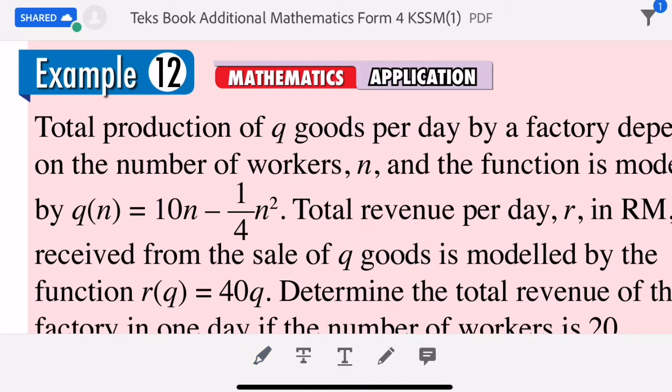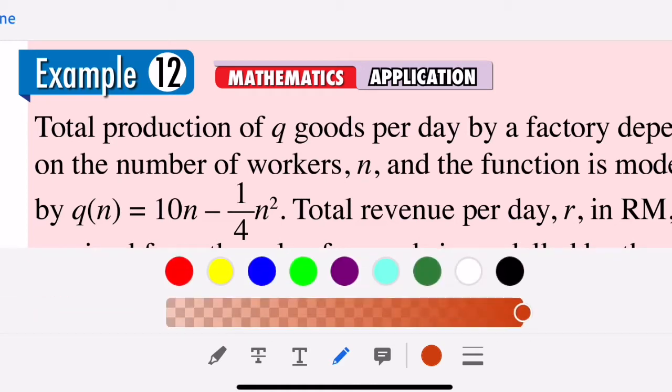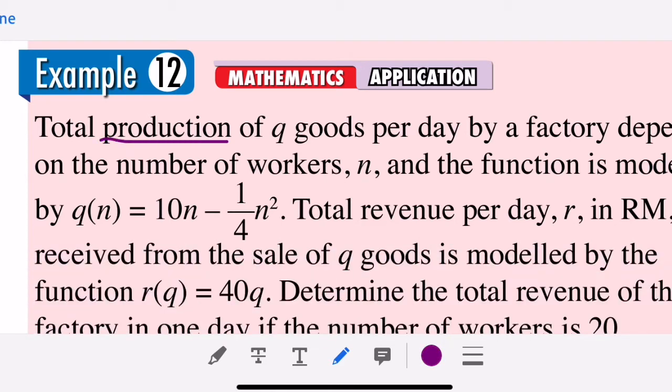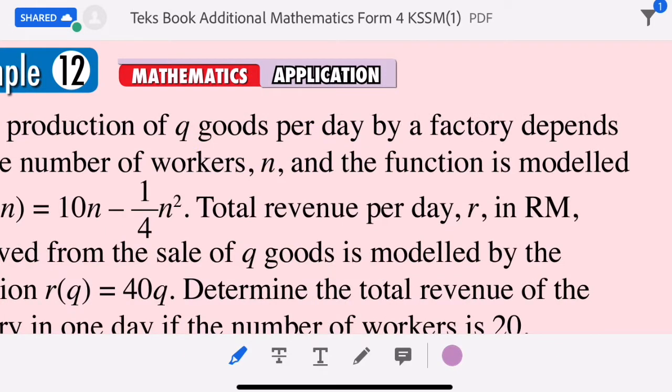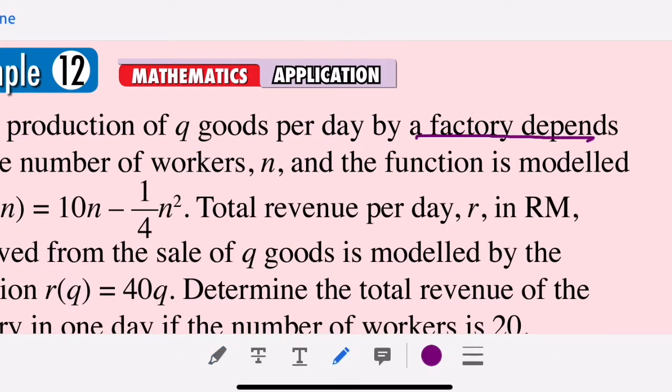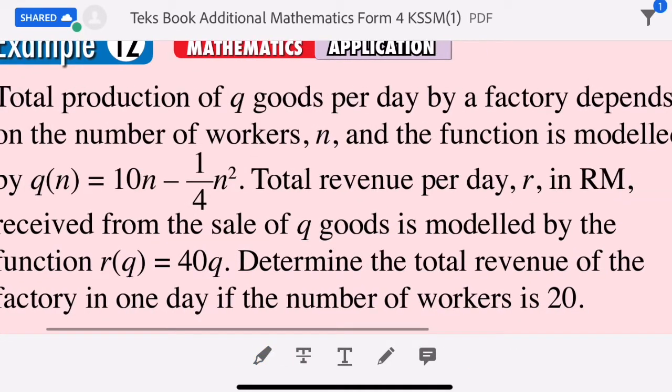Let's read carefully. The total production of Q goods per day by a factory depends on the number of workers.